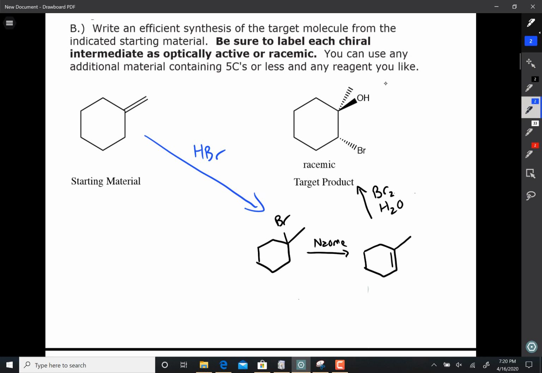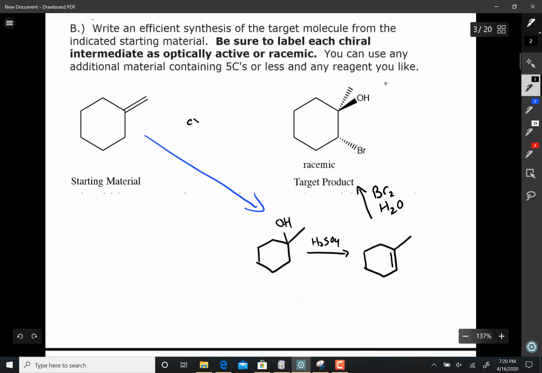Other things you could have done is you could, since this is the more substituted alkene, we could have used sulfuric acid and done an E1 reaction on an alcohol. Then that alcohol can be made by using catalytic amount of acid and water, since it's a tertiary alcohol.